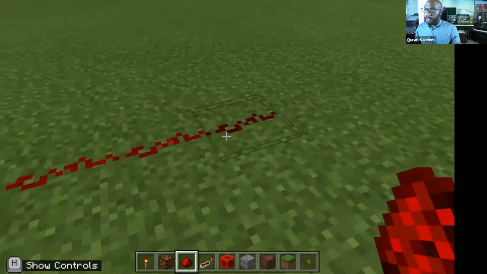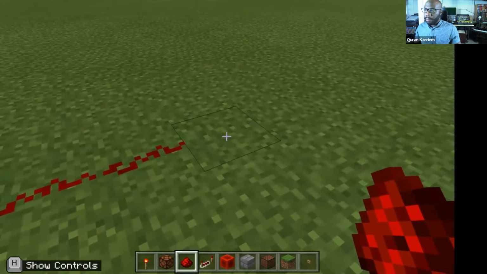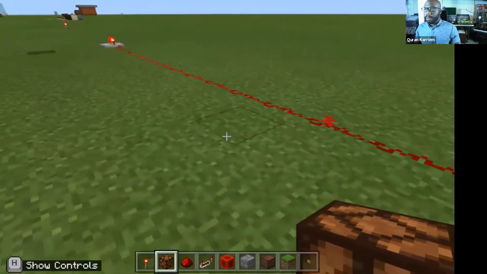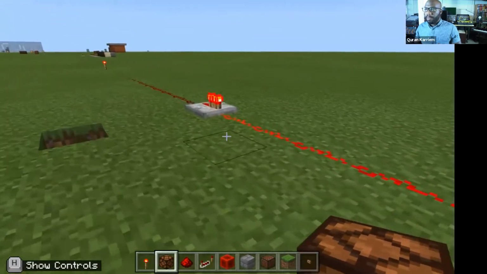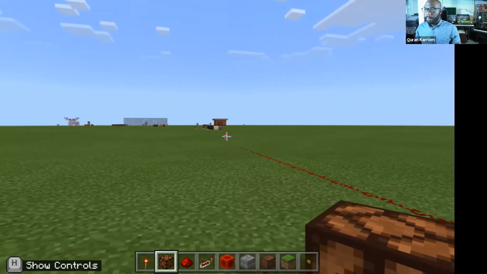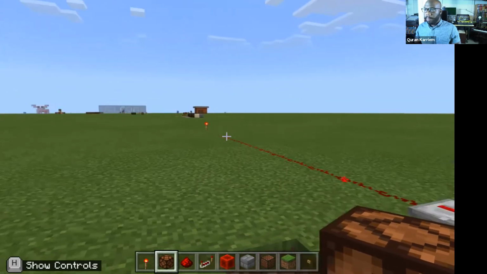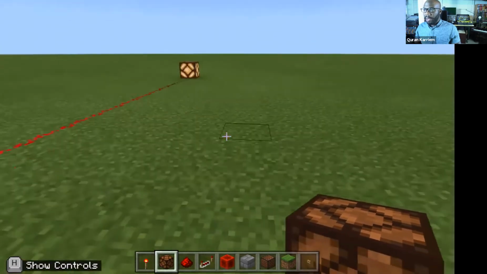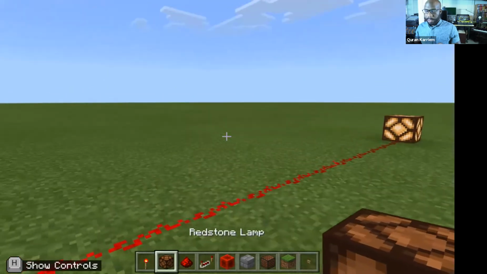Right. So at the 16th, again, it fades out, but at a distance of 15 from the repeater, even though the repeater is not an energy source, it kind of boosts the energy coming from the torch. So I get another 15 blocks of distance.